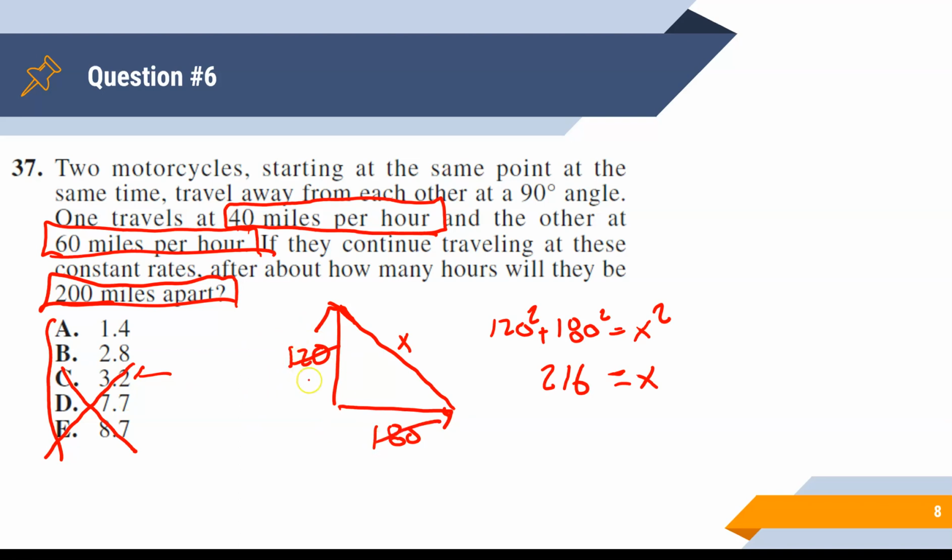That would give us this side to be 80, and this side here to be 120. If we do Pythagorean theorem on this, we wind up with x equaling 144 miles. So the answer is somewhere between 2 and 3 hours, so it's letter B. I know there's other ways to do this one. I kind of wanted to show you some estimating that makes it kind of quick.